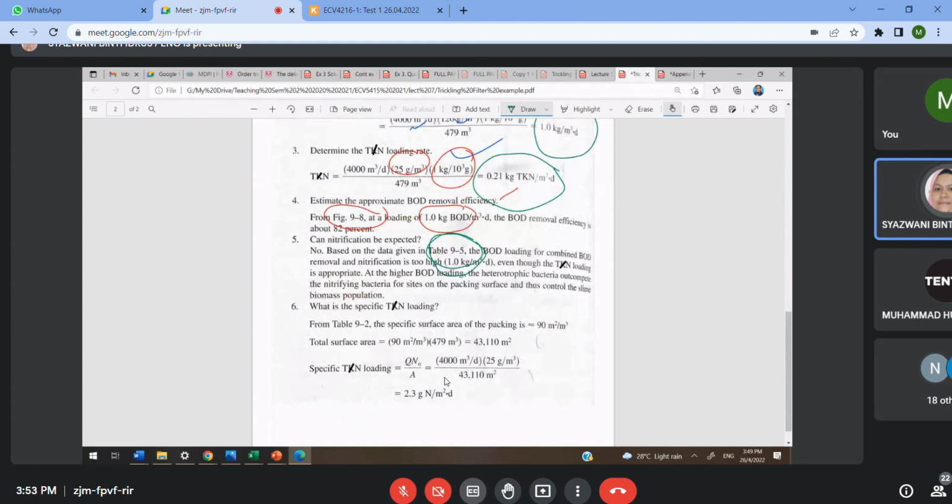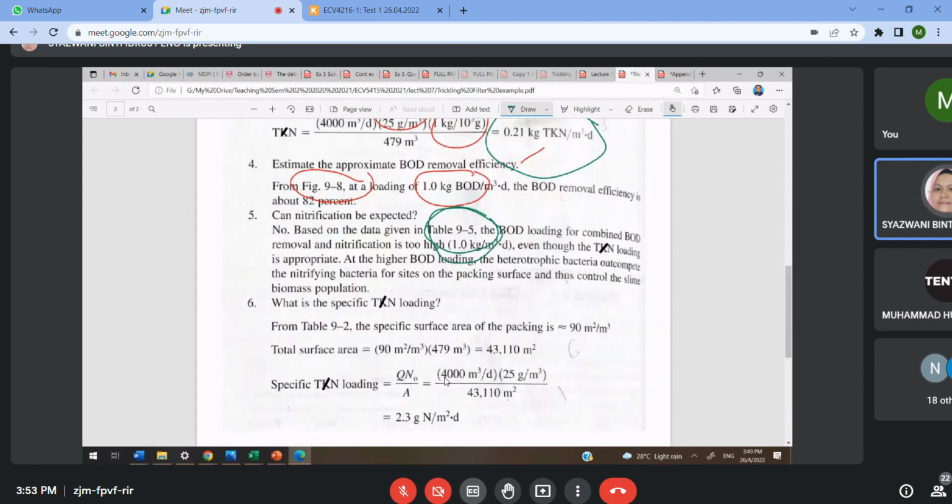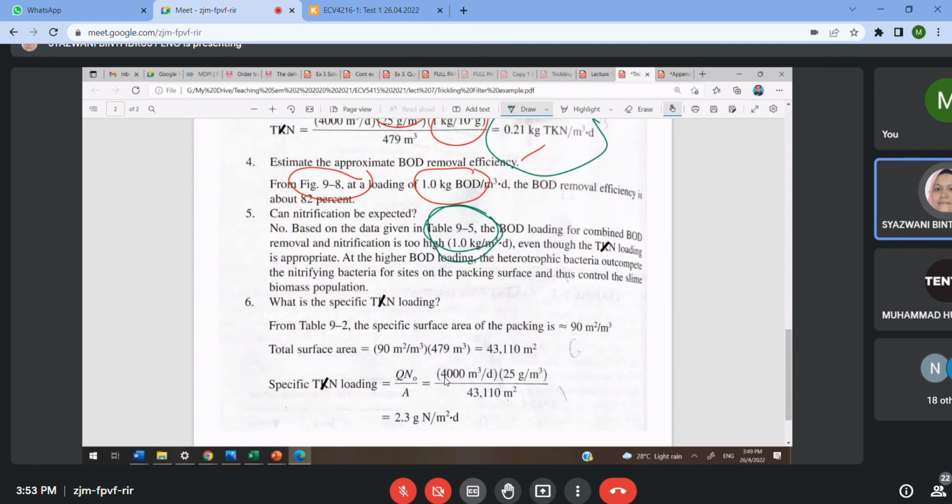Even though the total nitrogen loading is appropriate, at the higher BOD loading, the heterotrophic bacteria outcompete the nitrifying bacteria for sites on the packing surface. This is due to the carbon to nitrogen ratio. In this condition, the concentration of carbon is too high as compared to the nitrogen. For that reason, nitrification cannot be expected.